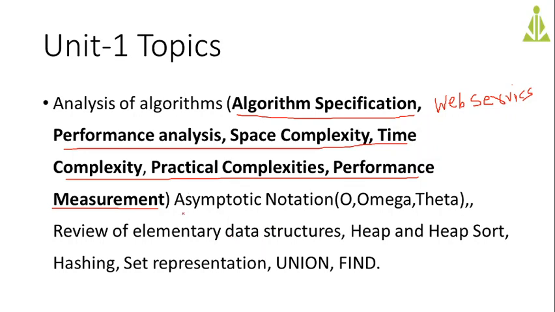And the major important thing in design and analysis of algorithm is asymptotic notation. These are the important notations. With the help of this only we can easily identify the time complexity of your program. So mathematical calculation can be done with the help of asymptotic notation.